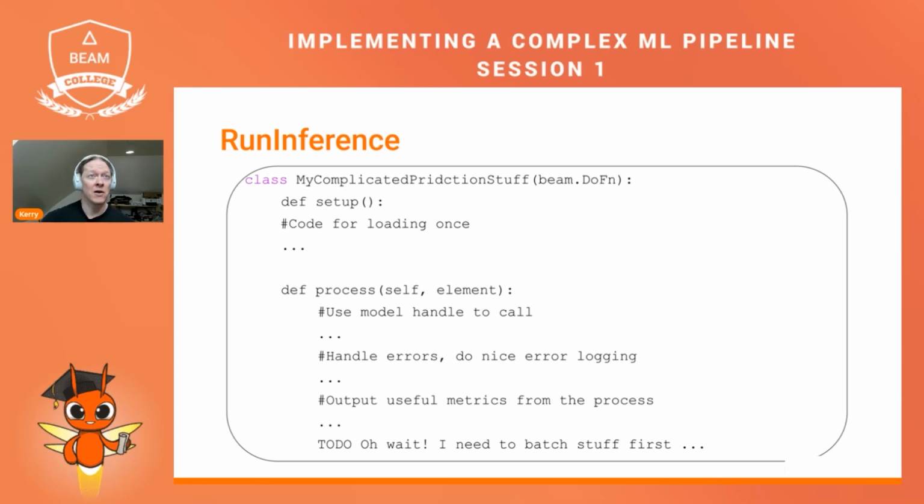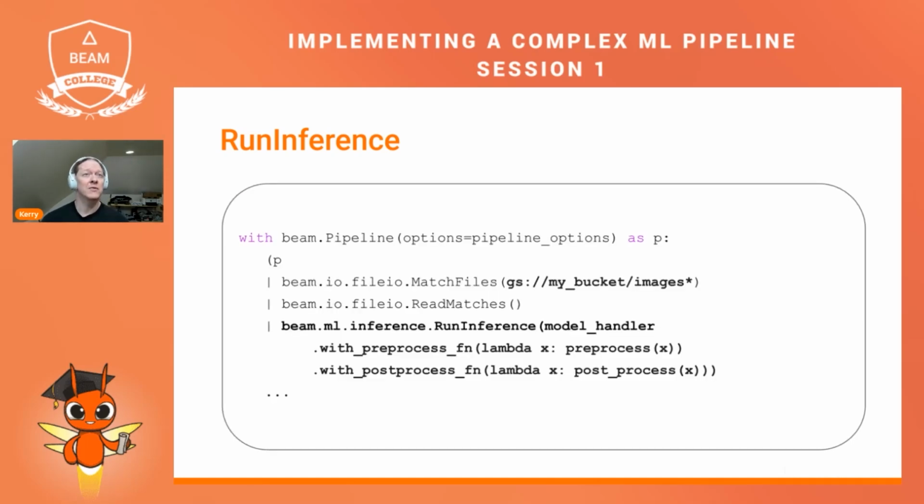This makes for a large and unwieldy transform, and it includes a lot of things that could be abstracted away for you. And indeed, that's what run inference tries to do.